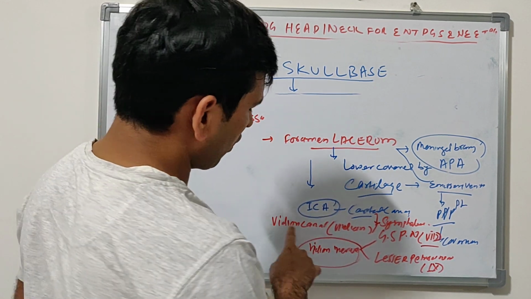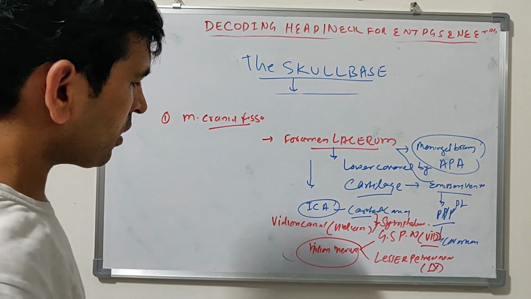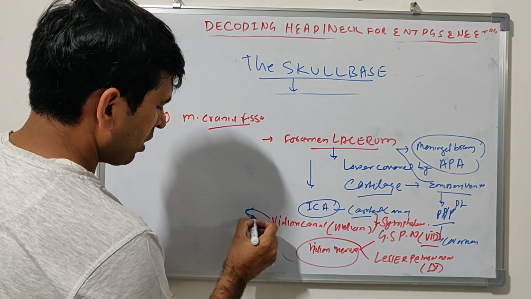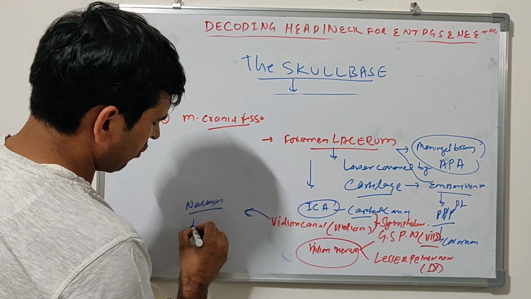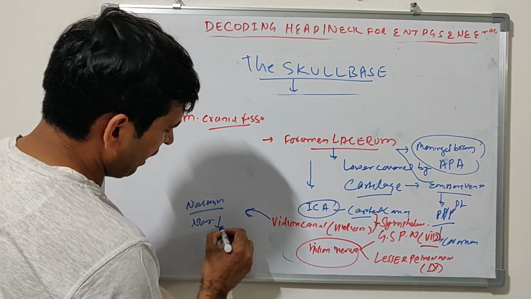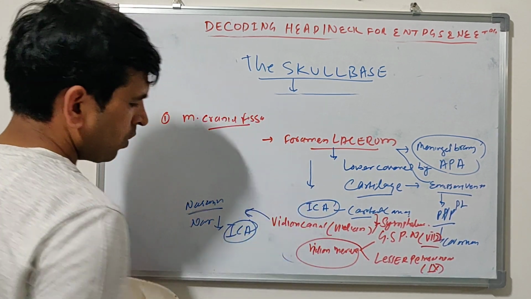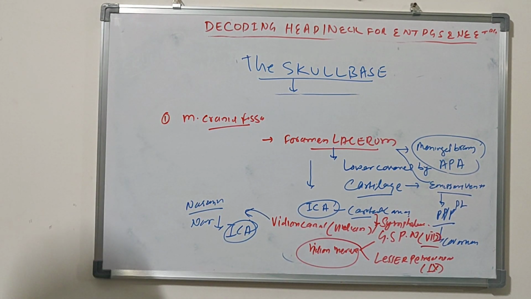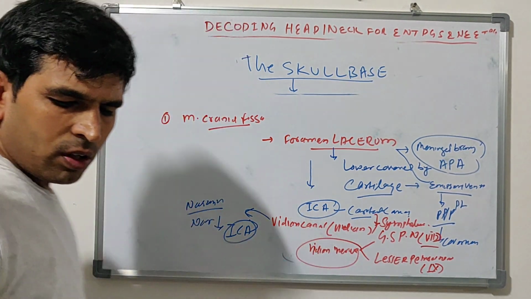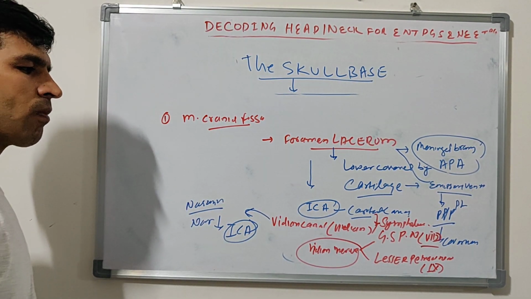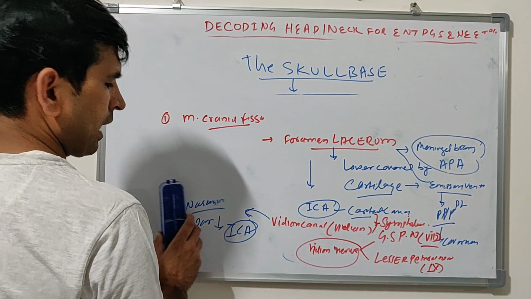Anteriorly there is one opening called the pterygoid canal, which is also a very important structure during nasopharyngeal angiofibroma surgery or any nasopharyngeal tumor surgery to identify the ICA. Okay, the paraclival ICA may be identified by the Vidian nerve, which opens into the pterygopalatine fossa, via the pterygoid canal.